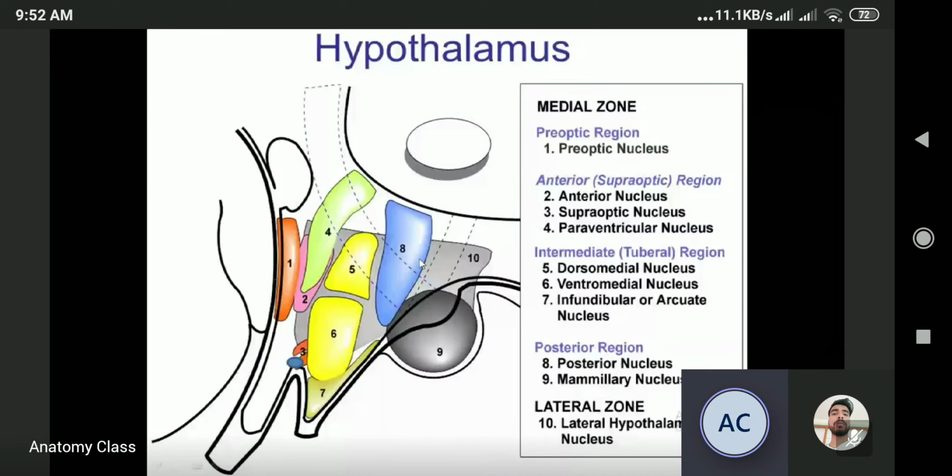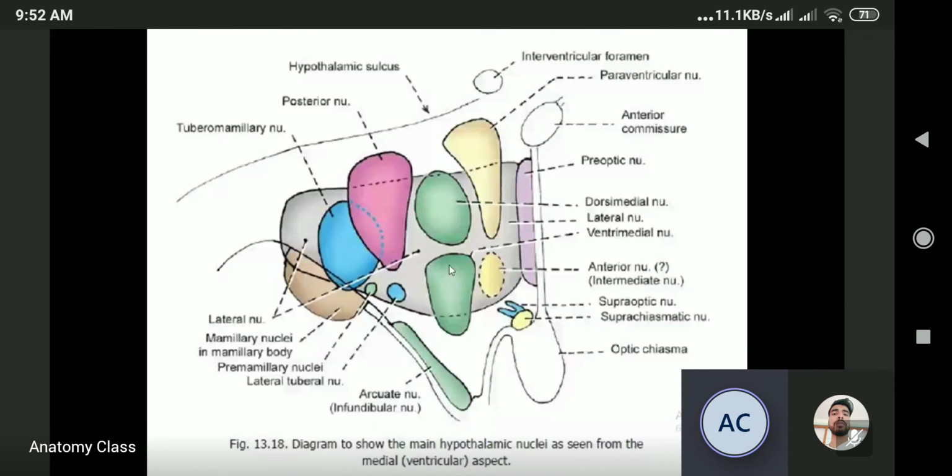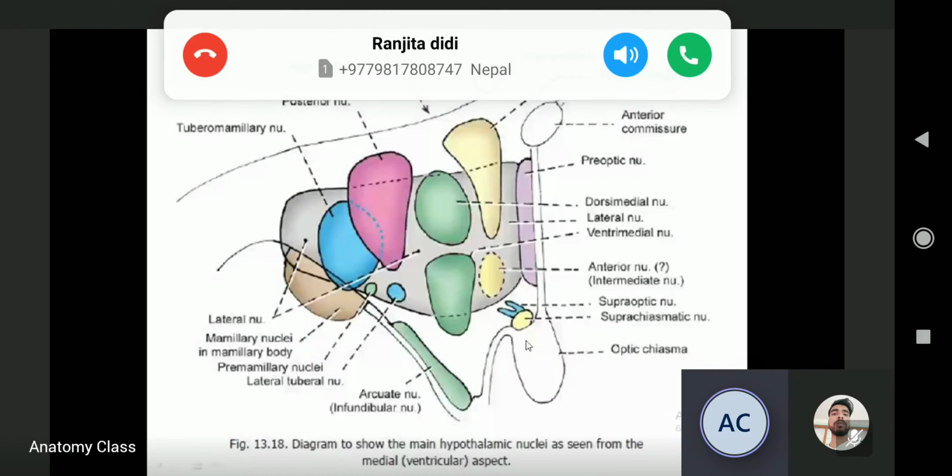Once again, just to repeat, let's see the previous diagram. This is the optic chiasma. In front of the optic chiasma, the first area is the preoptic region, which consists of the preoptic nucleus. The second area is the supraoptic region, which consists of the paraventricular, anterior, supraoptic, and suprachiasmatic nuclei.